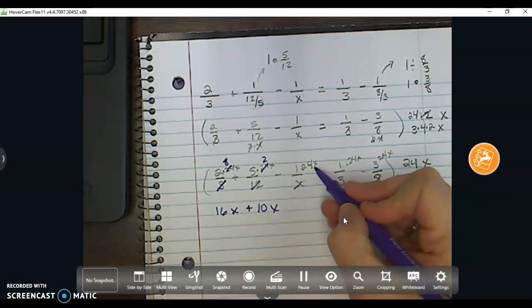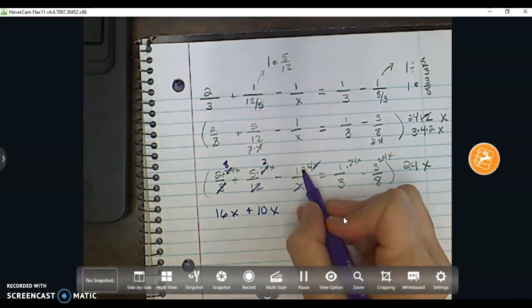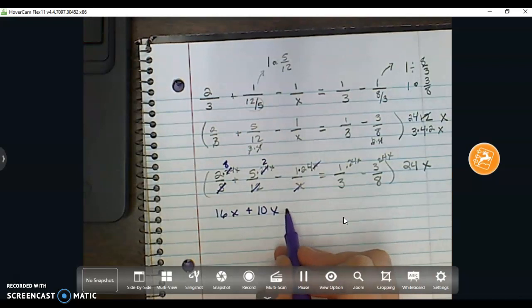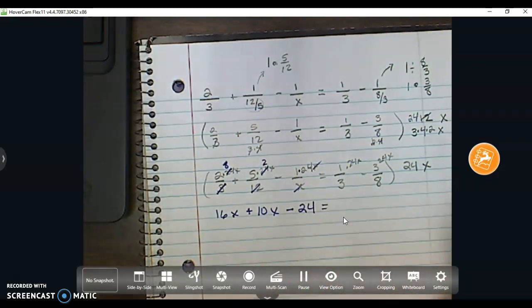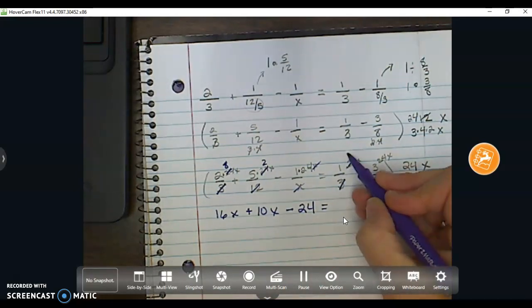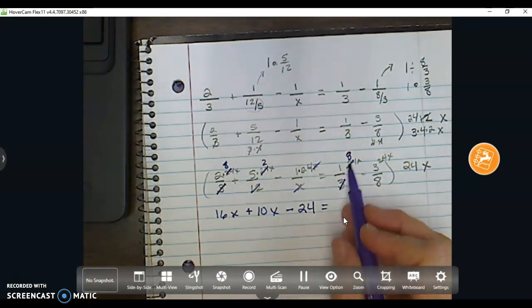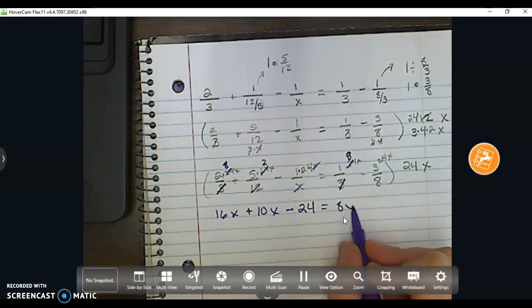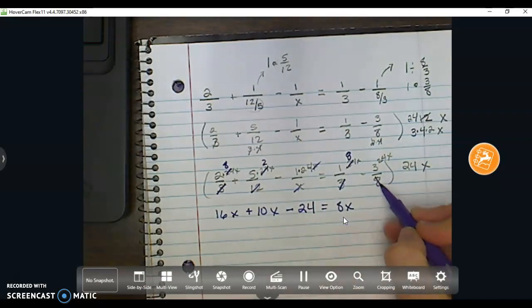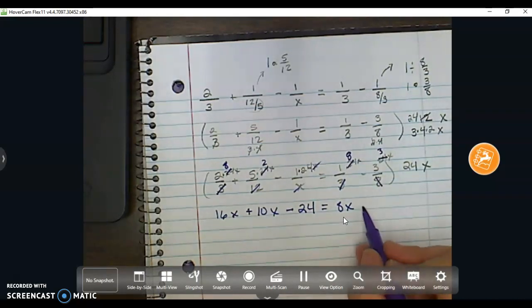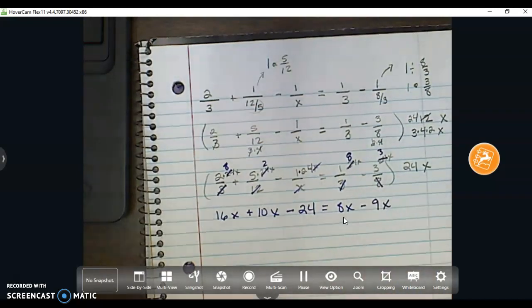The x will cancel the x, so that winds up being 1 times 24. So that's just minus 24. 3 goes into 24 8 times, so 1 times 8 with an x. And the 8 goes into the 24 3 times, so 3 times 3 with an x.